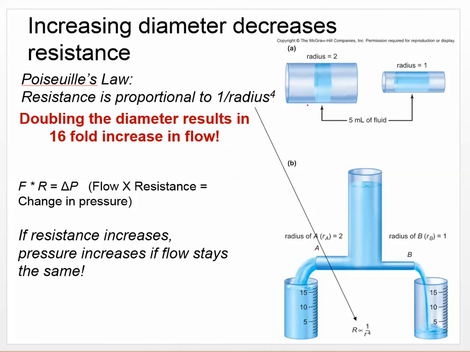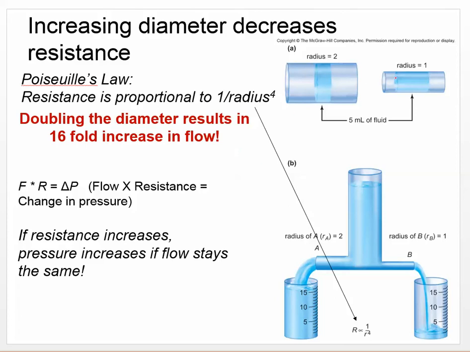Okay, so resistance is proportional to 1 over the radius to the 4th power. Since we're not going to be calculating this, we need to understand what that means. So that means if I have 1 over 1, that's my size here, whatever. But if I cut that in half, it's actually going to be a 16-fold difference.